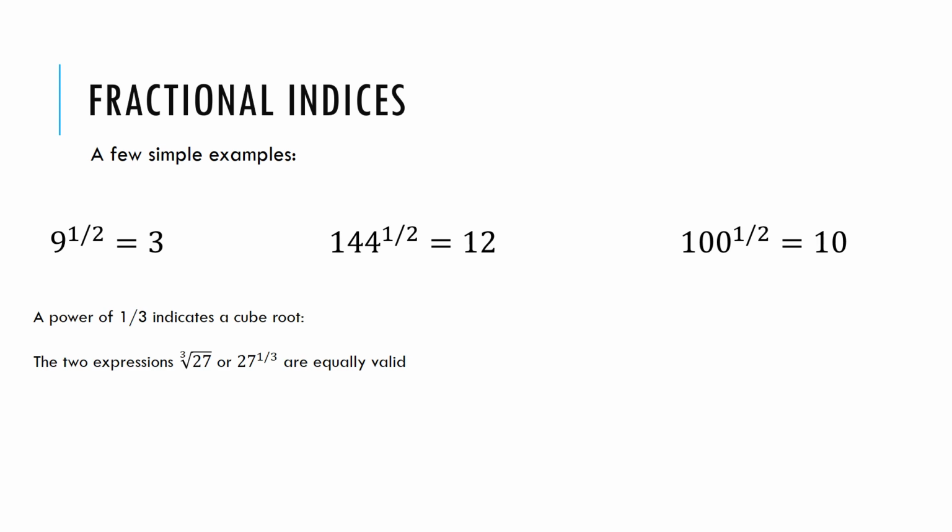And a power of 1 over 3 indicates a cube root. So the usual expression that you might have seen in GCSE mathematics is the cube root of 27. Well, that's exactly the same as saying 27 raised to the power of 1 over 3. Both of those expressions are equally valid when you're describing the cube root of 27.